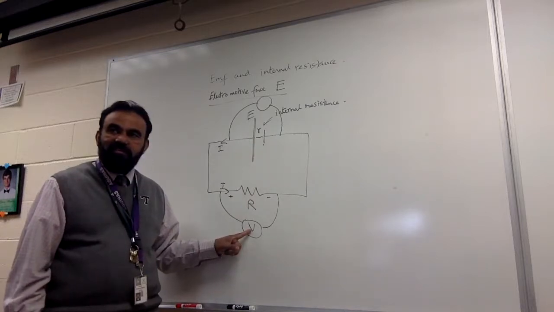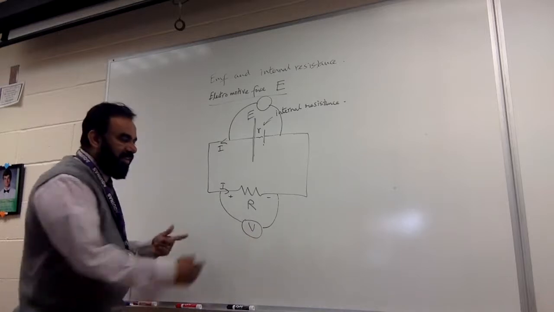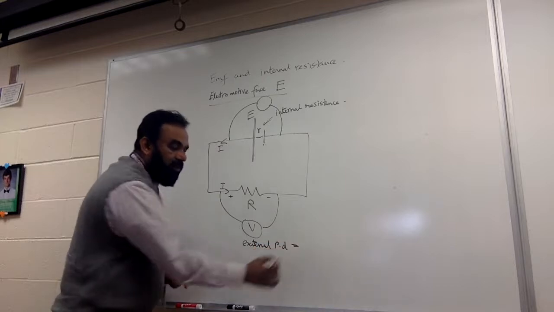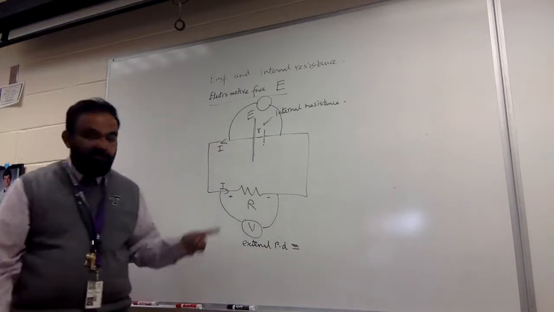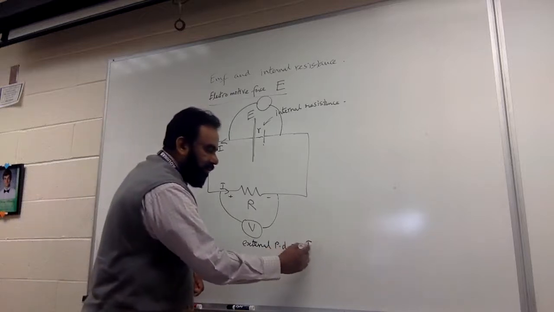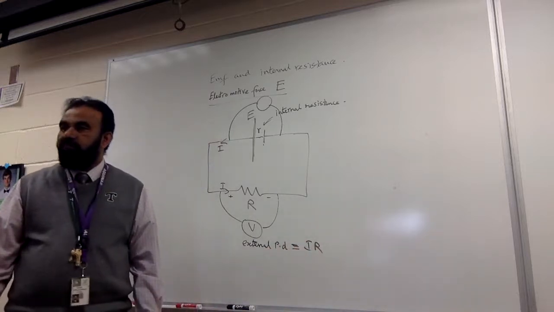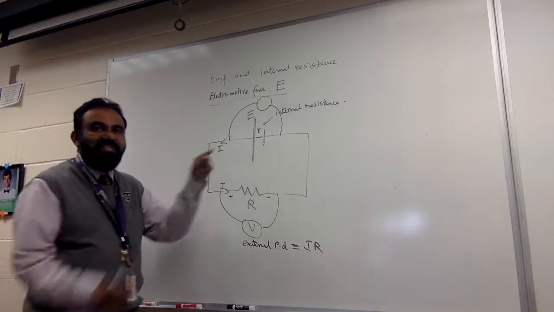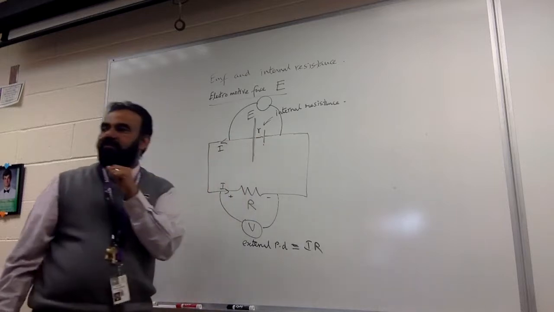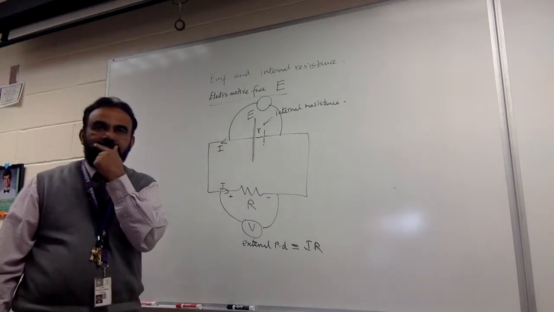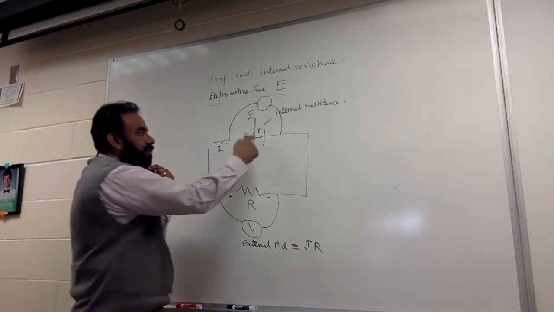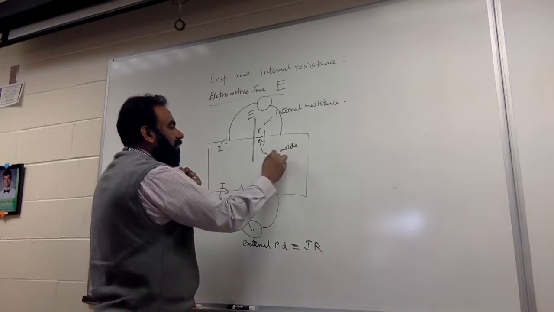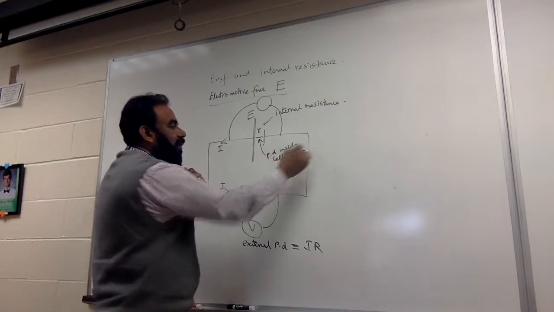How do I find V? How do I find the external potential difference? This is IR. Now, on this account, how much is the potential difference inside the cell? It is Ir, with a lowercase r for internal resistance.